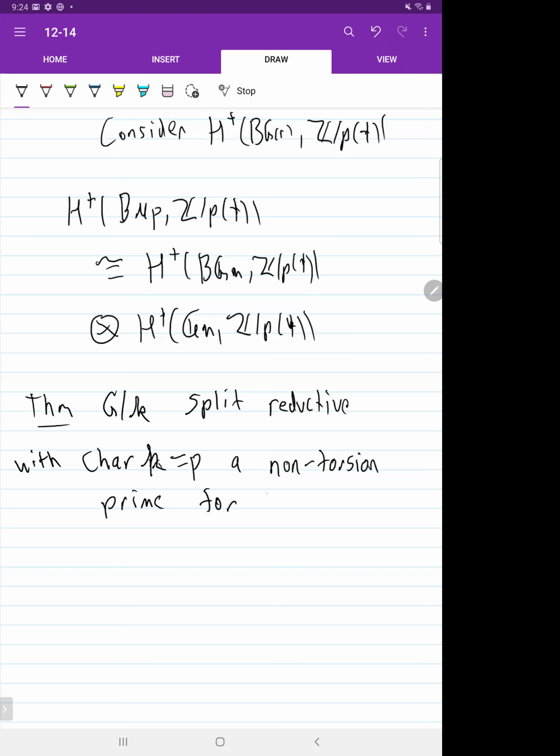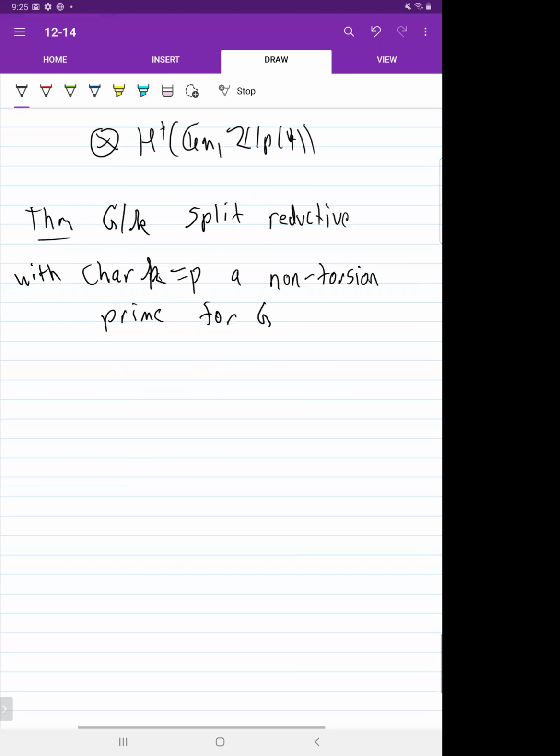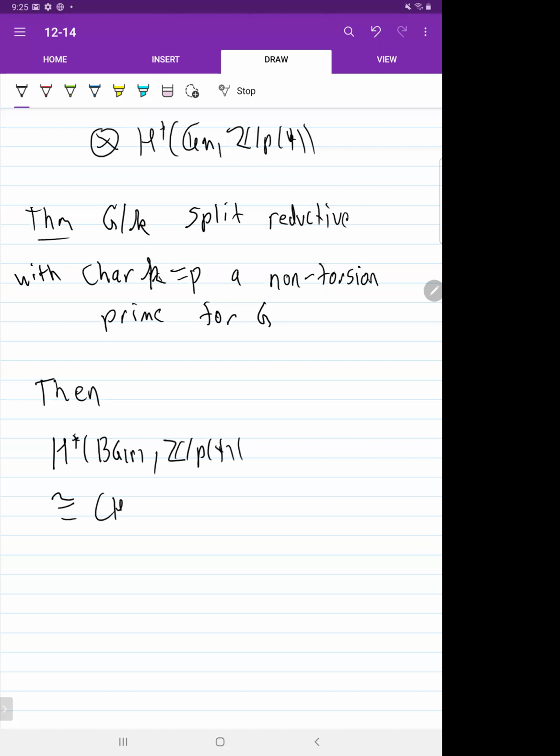And I'm going to define what that is in a minute. So assuming that p is a non-torsion prime, then we can prove that the motivic cohomology of BG_r, the r-th Frobenius kernel of G, is isomorphic to the Chow ring of BG.